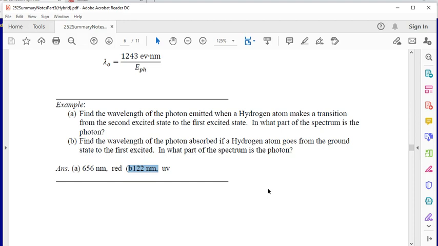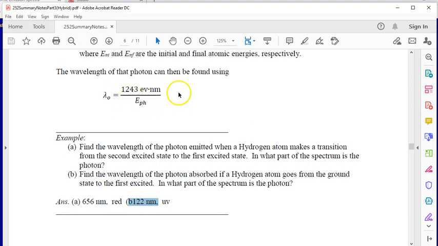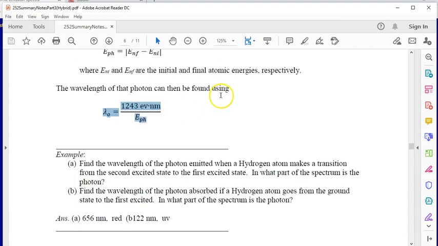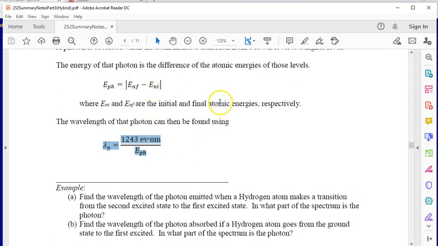What state does it go to? So what you would do is, if I give you the wavelength absorbed, you could figure out the photon energy using this formula. Once you know the photon energy that's absorbed, take the initial atomic energy, add the photon energy. That'll tell you what the final energy is.